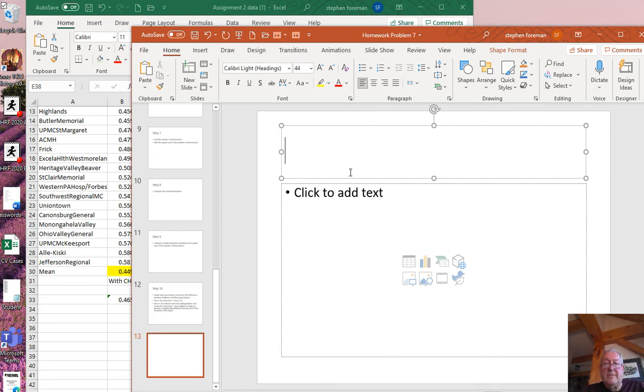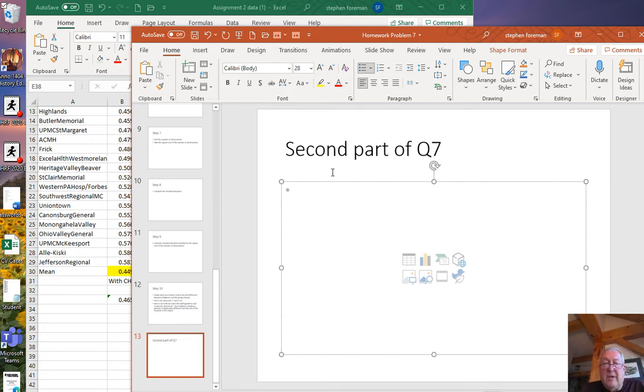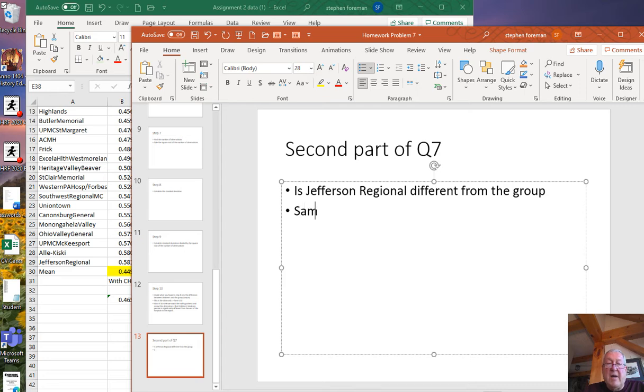For the second part of question 7, we're going to ask whether Jefferson Regional is different from the group. Same steps.